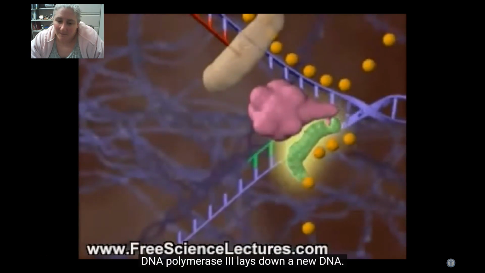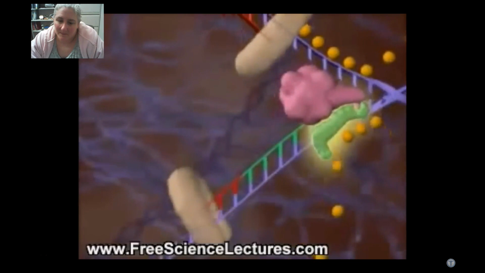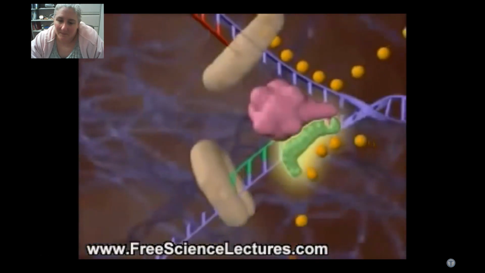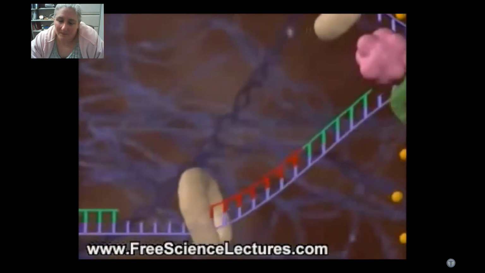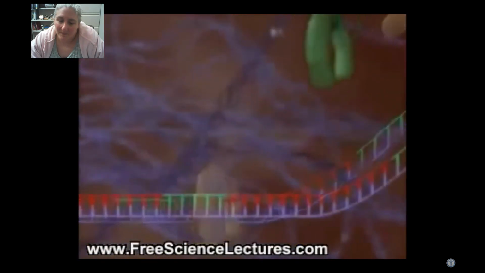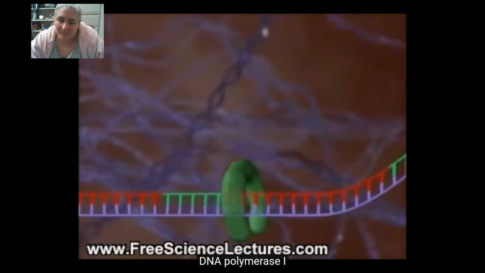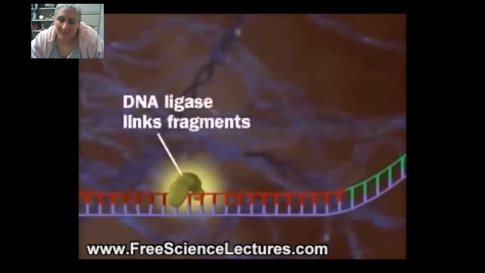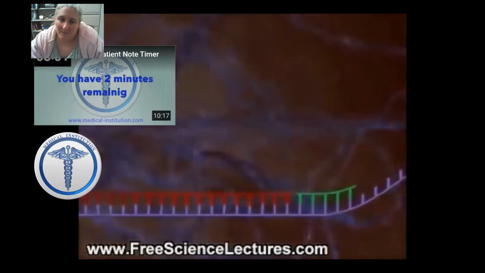Then, DNA polymerase III lays down new DNA. The process repeats again and again. DNA polymerase I replaces the RNA primers with DNA. Finally, DNA ligase links the Okazaki fragments.